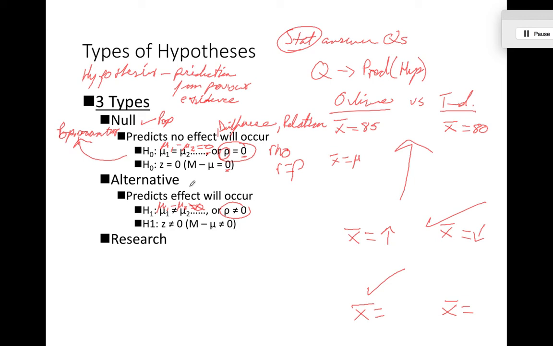In other words, the raw score is equal to the mean. So z is equal to 0 because the raw score is equal to the mean. Because remember, that's what we meant by a z-score equaling 0: that one individual person's raw score was equal to the mean. If your score was equal to the mean, then z would be equal to 0, right?